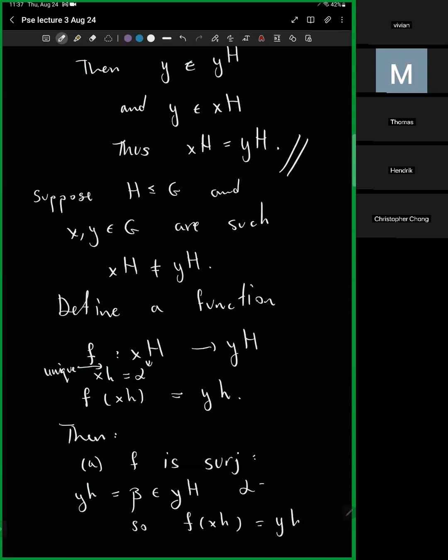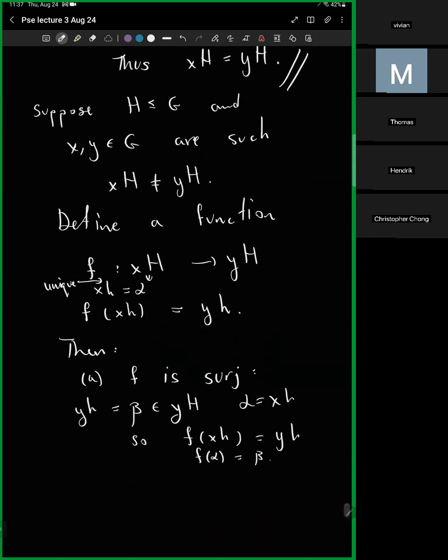If you write alpha equals xh, then f of alpha is equal to beta. But also f is injective.